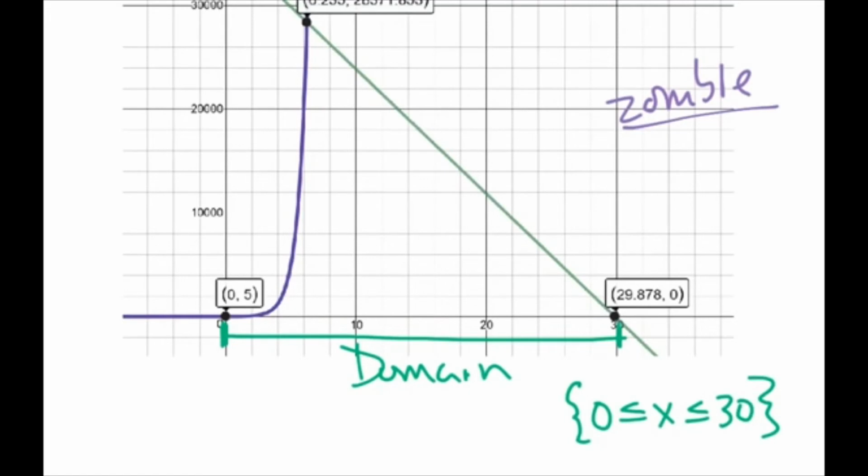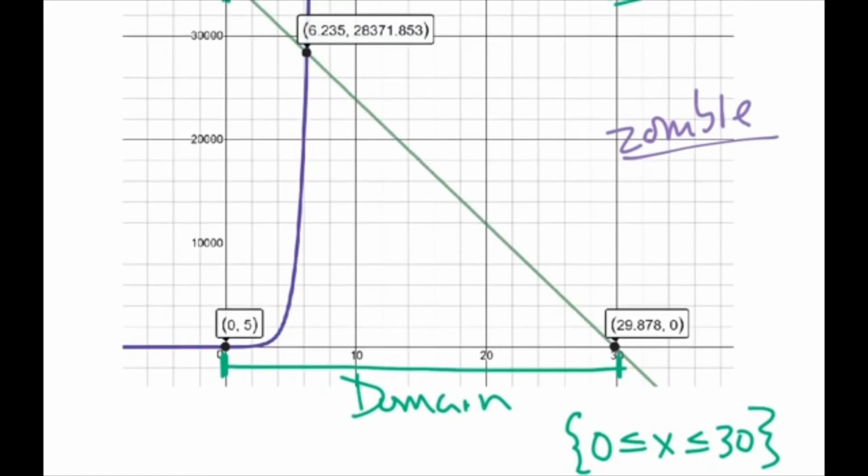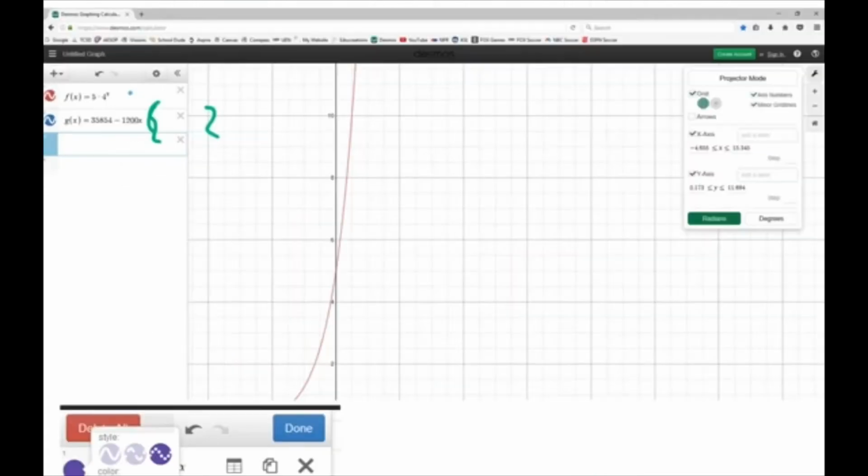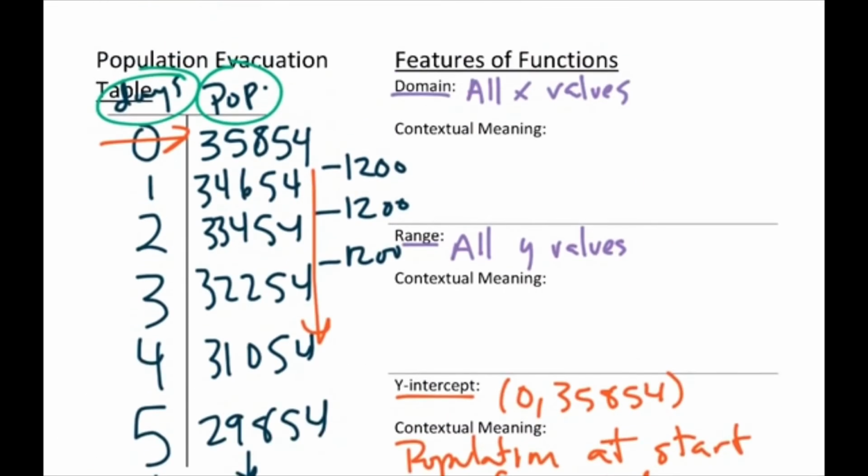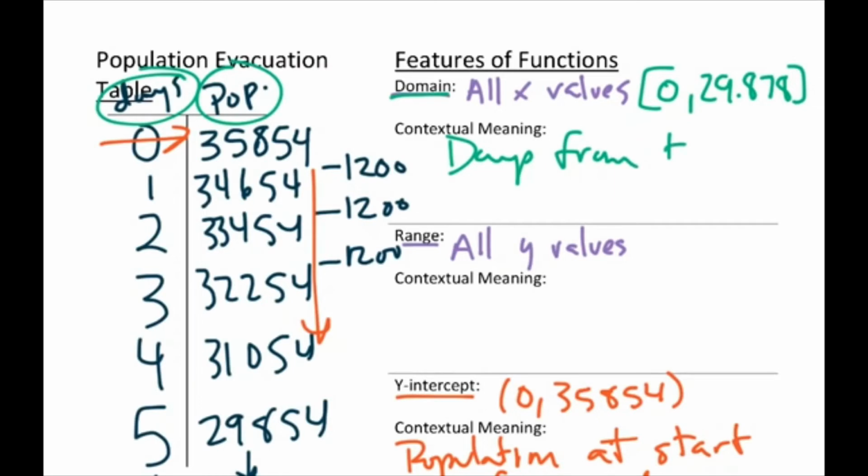Honestly, you probably should do that. But there's our domain. So domain is just x value, so we'd go 0 to 29.878. So you write that in like this, 0 to 29.878. And what does that represent? Okay, here it represents days from start to finish of evacuation.